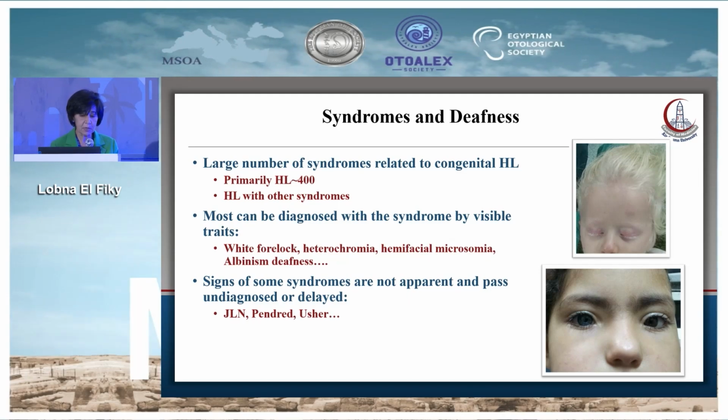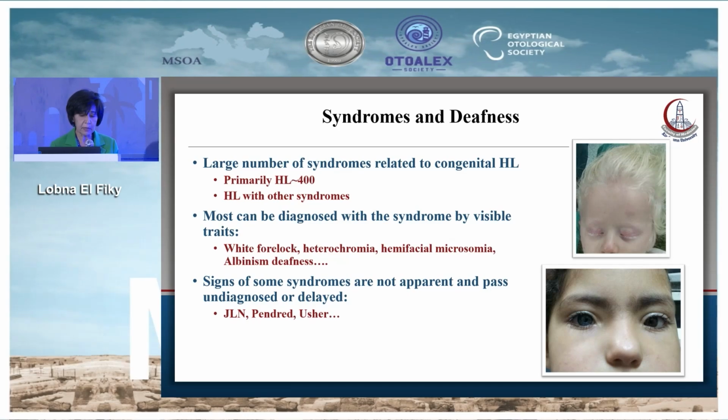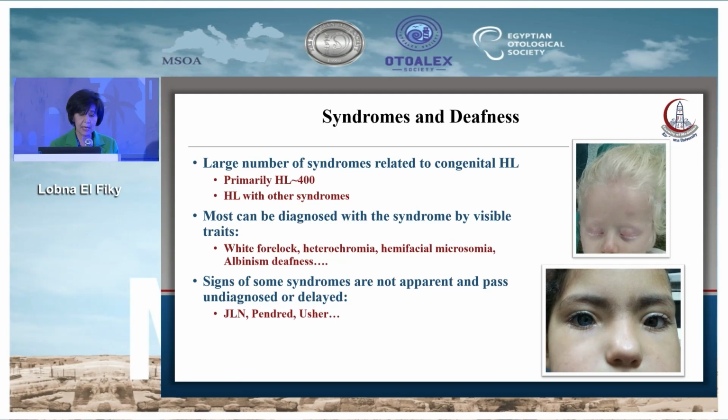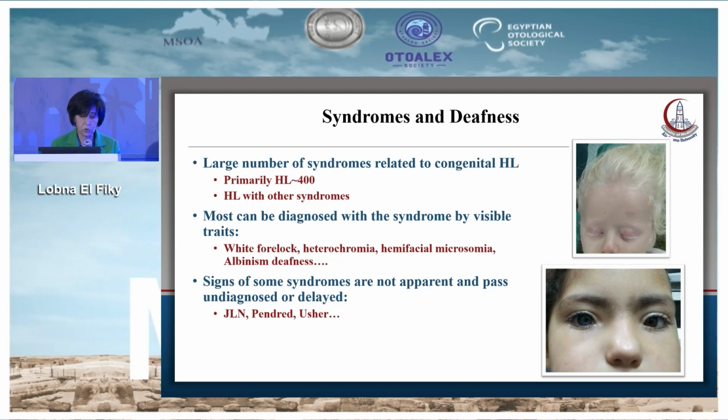The signs of some syndromes are basically visible, especially in the craniofacial area. So we can have heterochromia, or hemifacial microsomia, which is a spot diagnosis, of course.